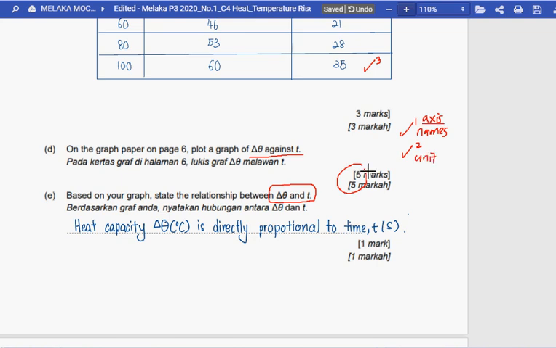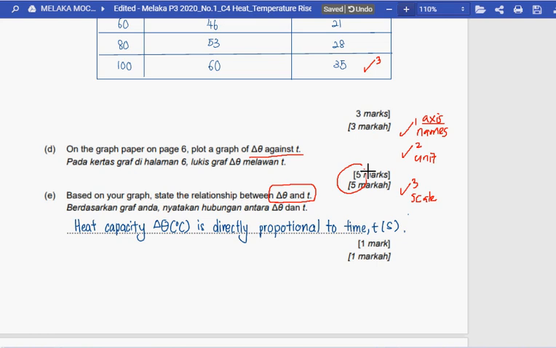What I mean by name here is the physical quantity. You can write the full physical quantity, or the symbol of the physical quantity. Second tick is for the unit on both axes. And tick number 3 will be for the scale. You need to use a uniform scale, and it should not be an odd scale.